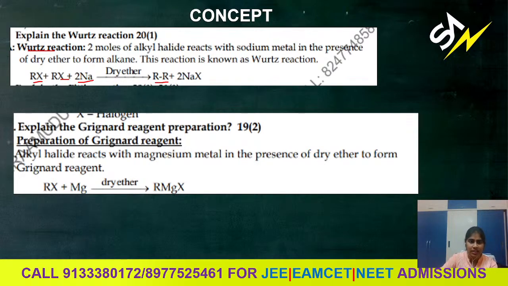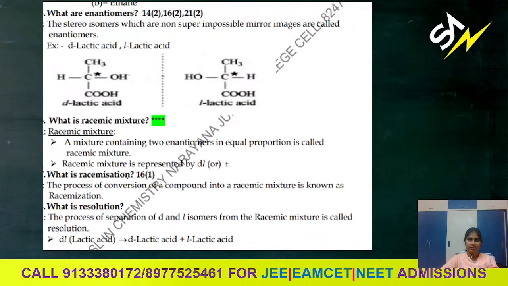So this is Wurtz reaction. And one of the important reagents in organic chemistry is Grignard reagent. How is Grignard reagent prepared? It is prepared when alkyl halide reacts with magnesium. It forms RMgX. So this is about Grignard reagent.